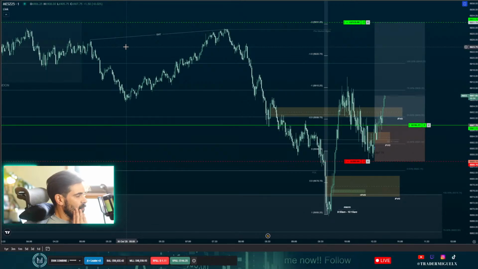I'm not sure if I will hit TP or not, but for sure I will take some partials around probably -1 standard deviation. That way I will put myself at break even as well.